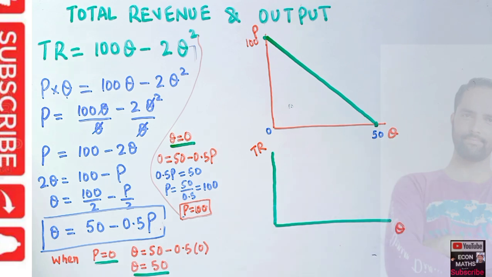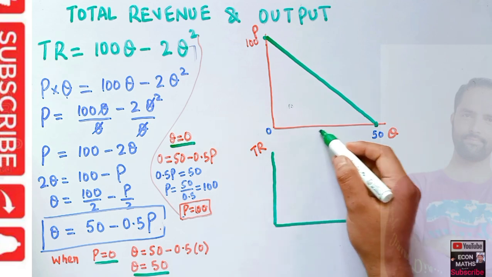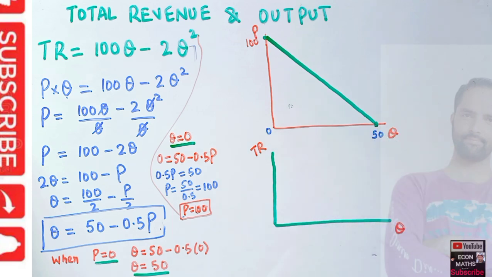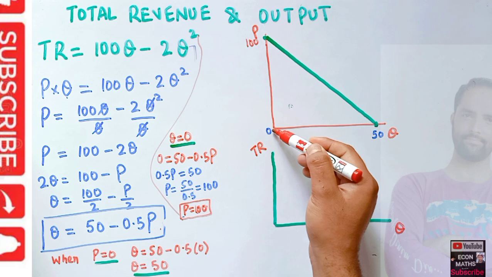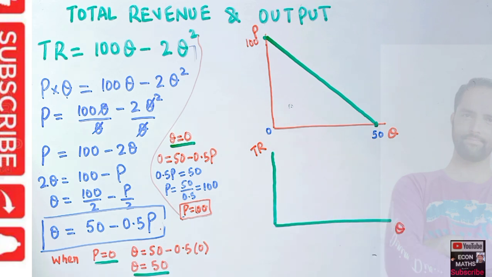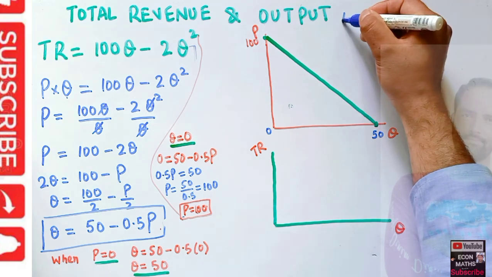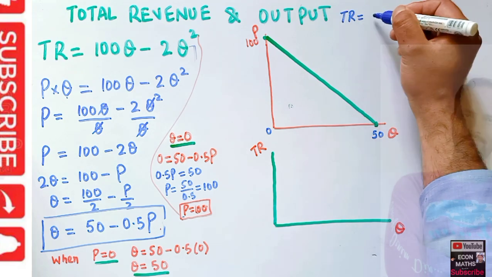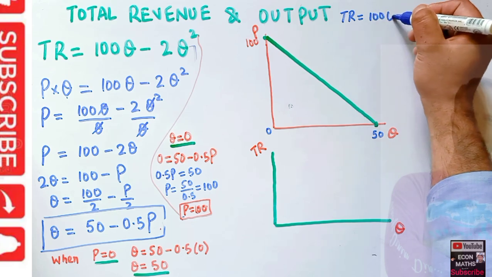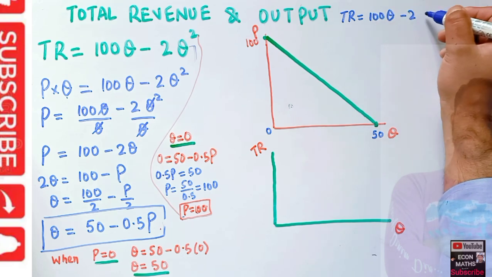Now let's concentrate on this side only. When price was 0, output was 0. And what is our total revenue function? Let me write it here. Total revenue is equal to 100Q - 2Q².